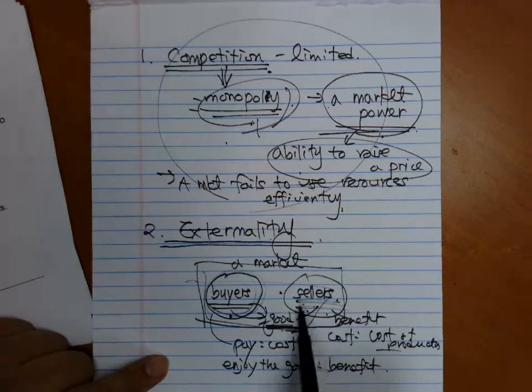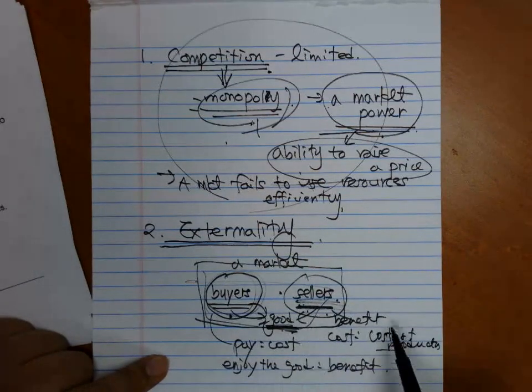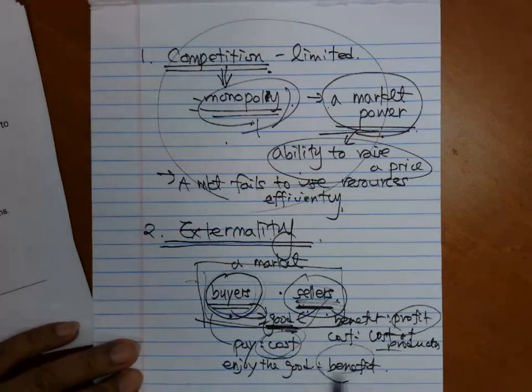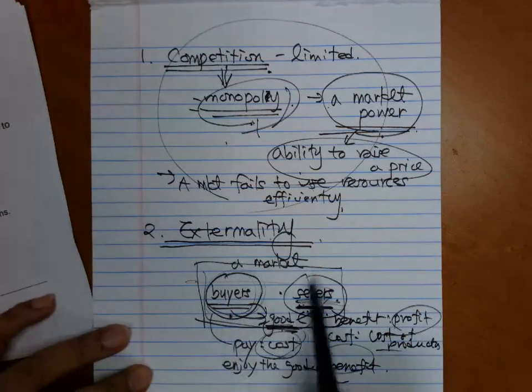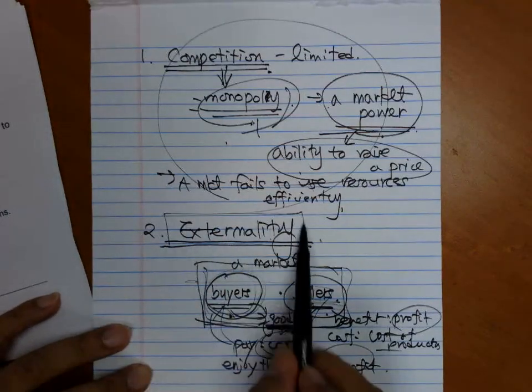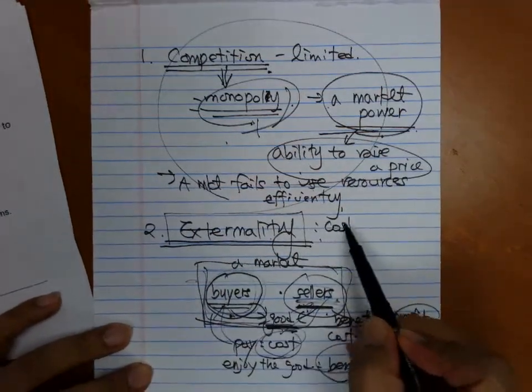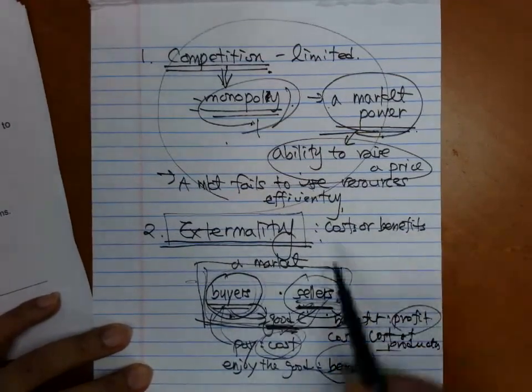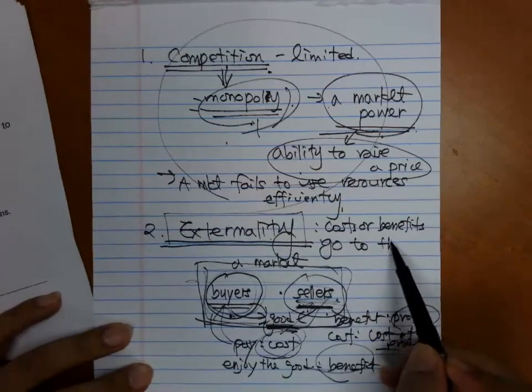So, in a typical market, cost and benefit are within this market. Cost and benefit go to buyers and sellers. But in some cases, cost or benefit go to parties outside the market.